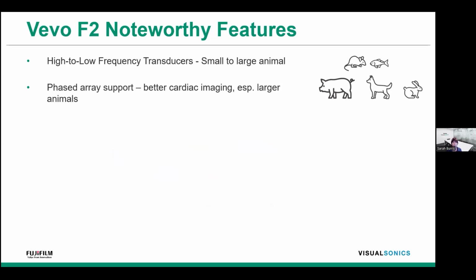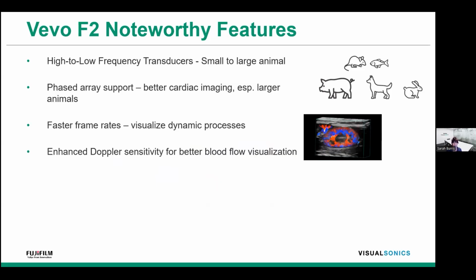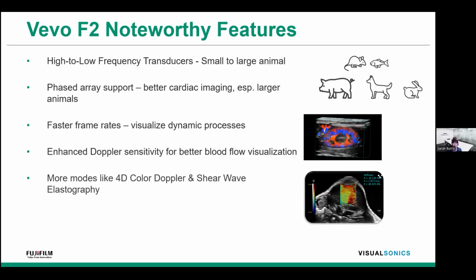Similarly, this system can also accommodate phased array transducers, which allow you to get a better acoustic window in larger animals and some disease models. This system also has faster frame rates, which allow us to visualize dynamic processes. It also has enhanced Doppler sensitivity for better blood flow visualization. The F2 also has modes that aren't necessarily available on previous systems, such as 4D color Doppler and shear wave elastography that I'll discuss in just one moment.